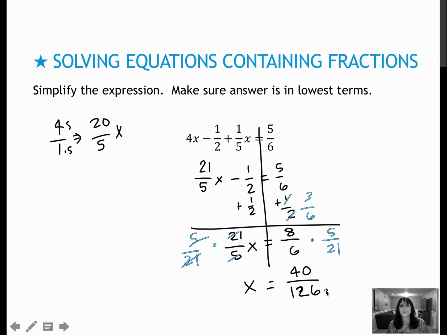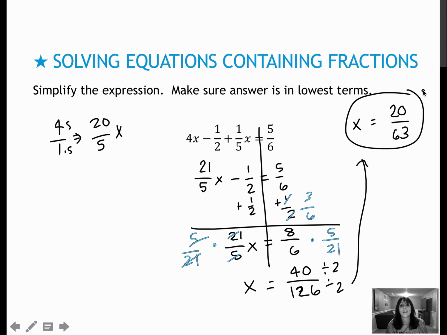So 40 over 126. And of course now I can reduce this because both are even. Oh, I should have reduced it right there. Divide by 2 on top and on bottom. So I'm going to say x is 20 over 63. And that would be my final answer.